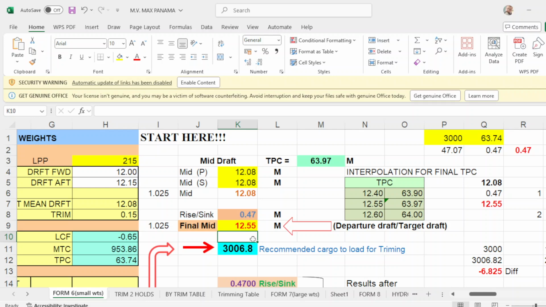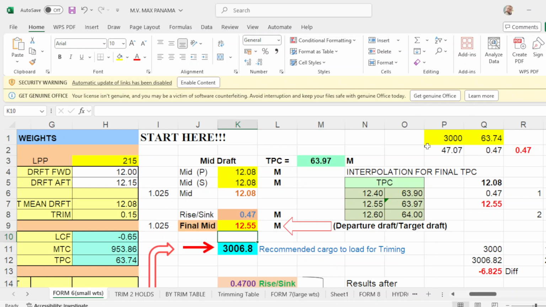With this sinkage, we will convert this into metric tons. How much would it be to reach the draft of 12.55?